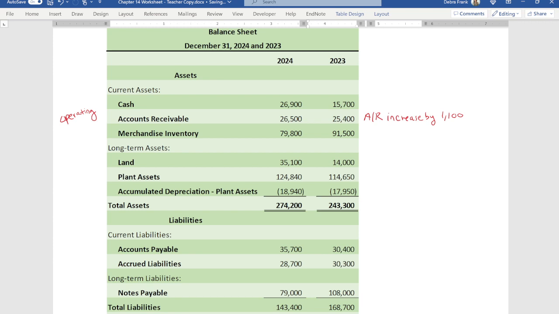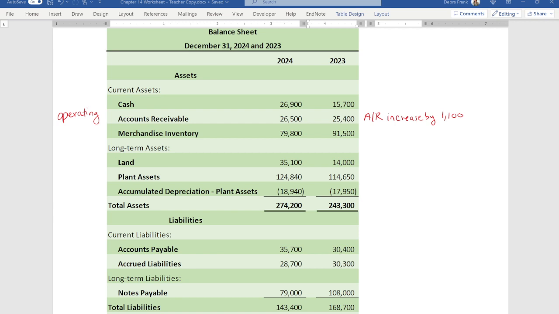Okay. So an analysis that I use as we're thinking about how it affected cash. Did this difference increase or decrease our cash? We're going to think, okay, so from 2023, accounts receivable went up by 1,100 in 2024.